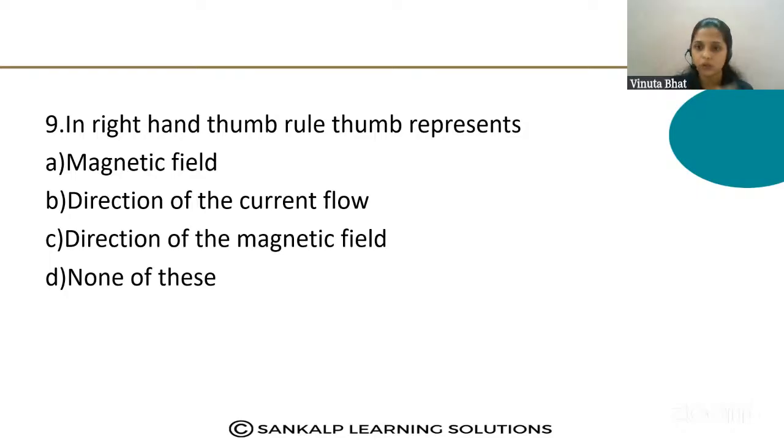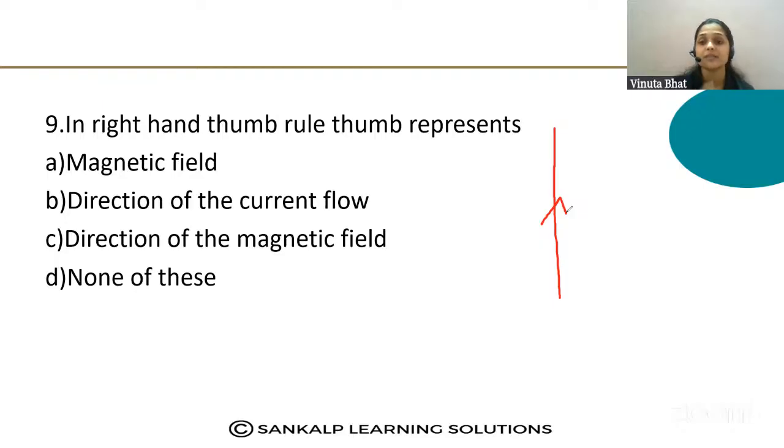So when you hold the current carrying conductor, just imagine this is a current carrying conductor and you are holding it. See the direction of your thumb and the direction of your remaining four fingers. Here they asked what the thumb represents.